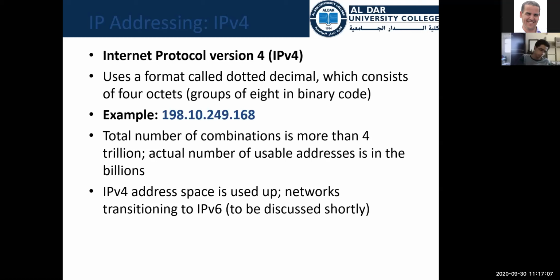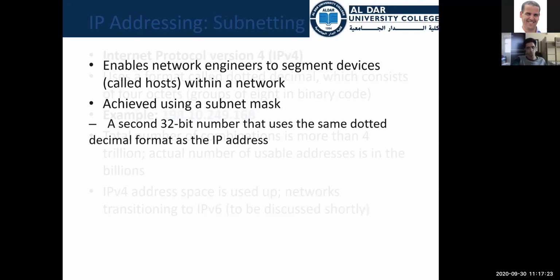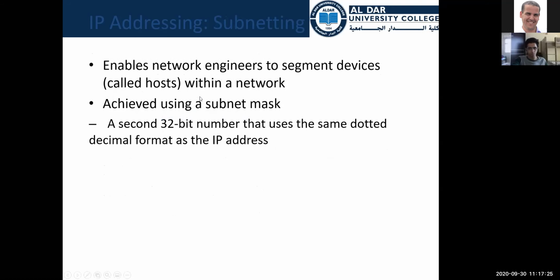Everything needs an IP to be connected to the internet, so dotted decimal is not sufficient. So they started to think about IP version 6, which is higher than IP version 4 and can handle zillions of terminals or devices.